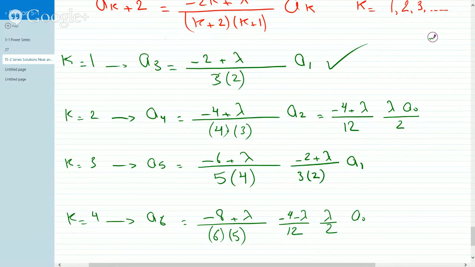So we can express all the coefficients in terms of a1 and a0. That's why we're going to get two distinct, two unique solutions. a0 y1 plus a1 y2.